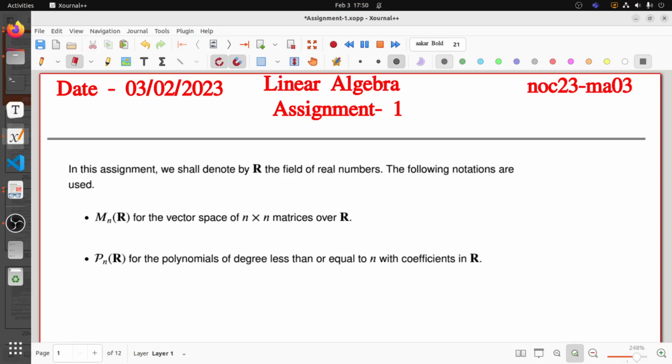So this is the multiplicative identity. So does there exist a multiplicative identity for V or not?